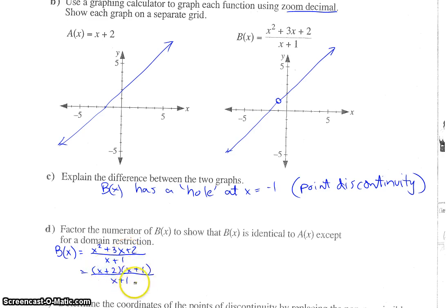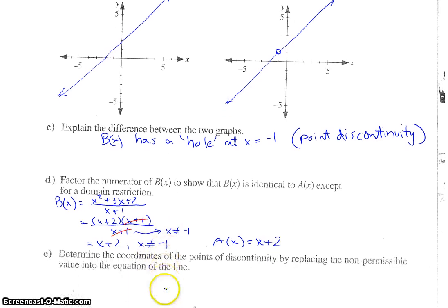And then you'll notice, first of all, x can't equal -1, we'll throw that in, but then that common factor can divide, and we really just end up with x plus 2, where x can't equal -1. So you see how that's the same as a of x equals x plus 2, all except for the domain restriction of x can't equal -1.